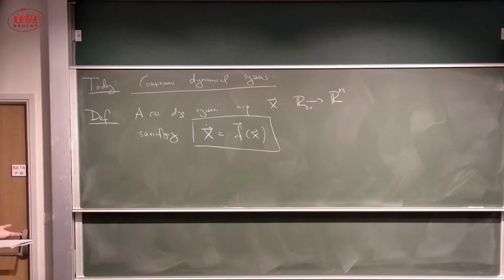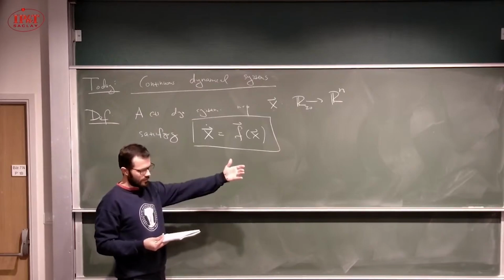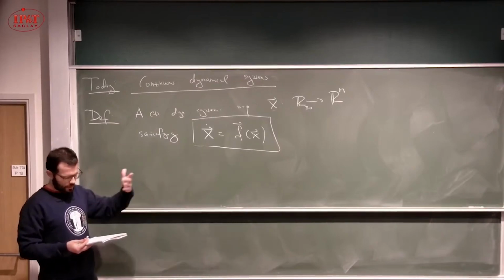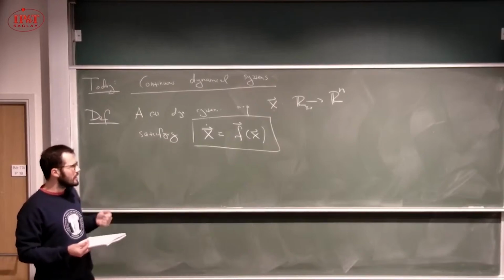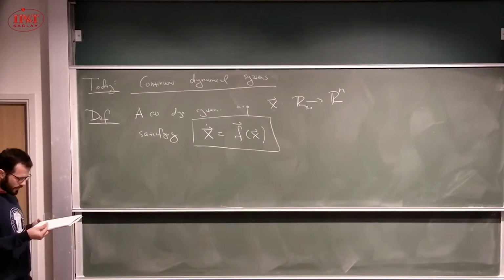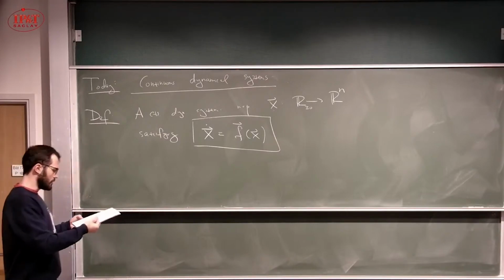So it's in general hopeless to try to solve it analytically, or even to try to numerically find trajectories. If you want to know what the behavior is at very far future, you would need to specify the initial conditions to very high precision and solve your ODE to an extremely high precision. So in general, it's not really a good question to ask what is the precise behavior of any single trajectory, but rather the kind of questions that we are interested in is to ask about long-time averages.